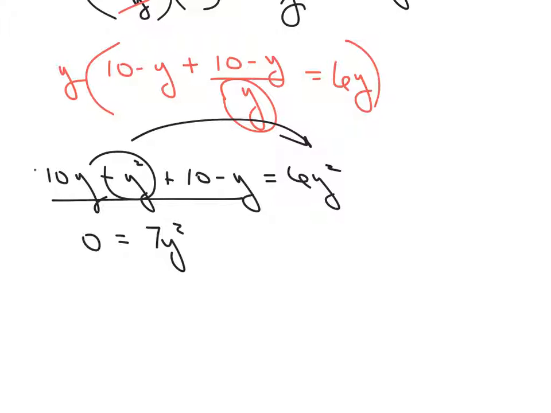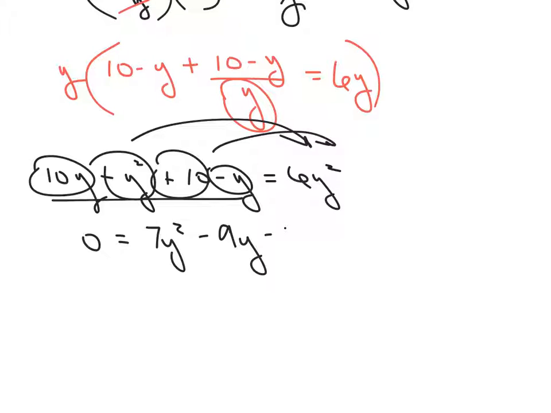We're going to take our 10y minus y, that's 9y, and move it over here, so then it becomes minus 9y. And then we have a plus 10, move it over, it becomes minus 10. Alright, so now we're at a place where we can factor.